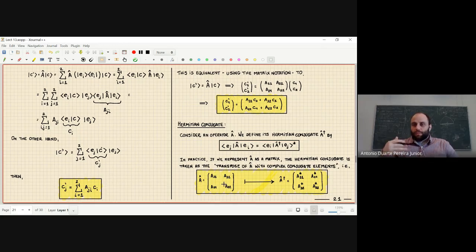So this is the recipe that you have to use in order to obtain the Hermitian conjugate of a matrix.